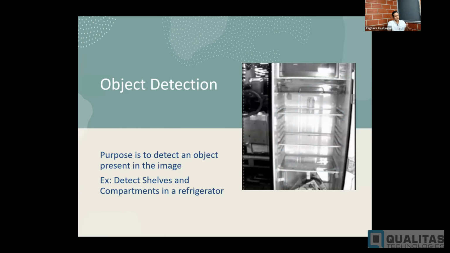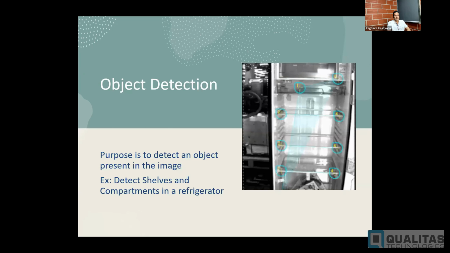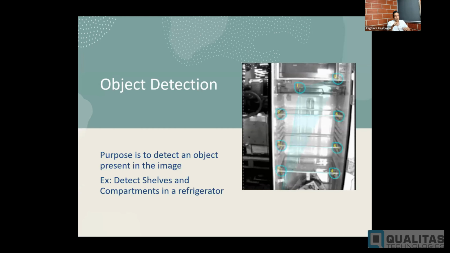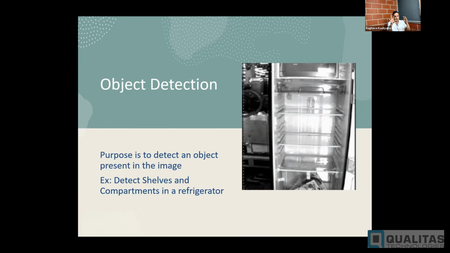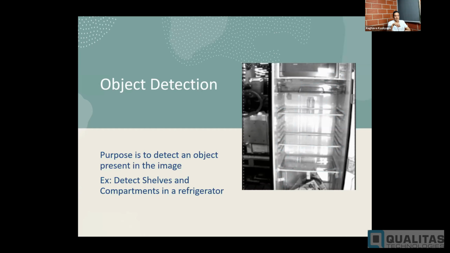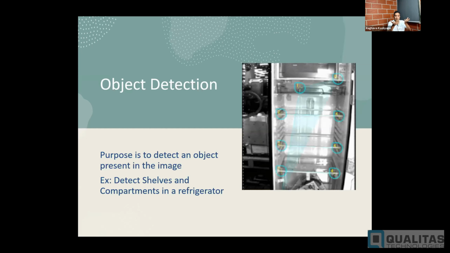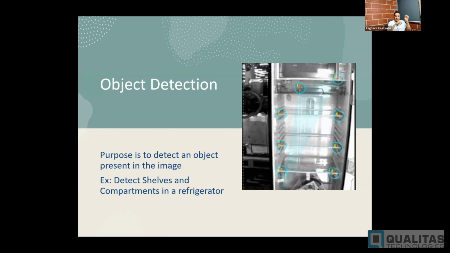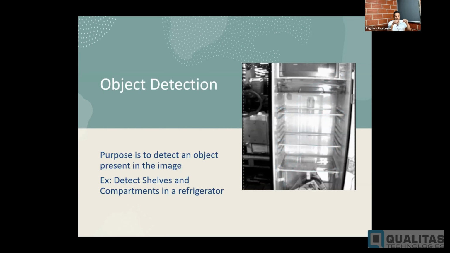This is an example of a refrigerator, and you want to identify or detect objects within that refrigerator. The objects may be shelves. It could be the presence of a manual. It could be the presence of the ice cube tray, right? You want to make sure all those objects are present, and you can use machine vision to detect these objects, and that's why it's called object detection, right?